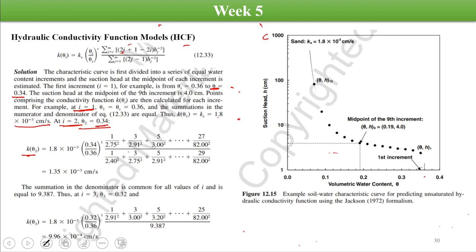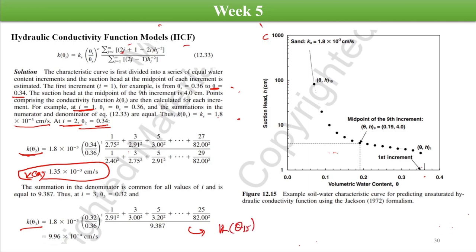We are taking 15, so for the 15 number of intervals which we are taking, in this way we will calculate k theta 2. Similarly we will do this for k theta 3. For the third iteration we will do it, and we need to repeat this operation till k theta 15.